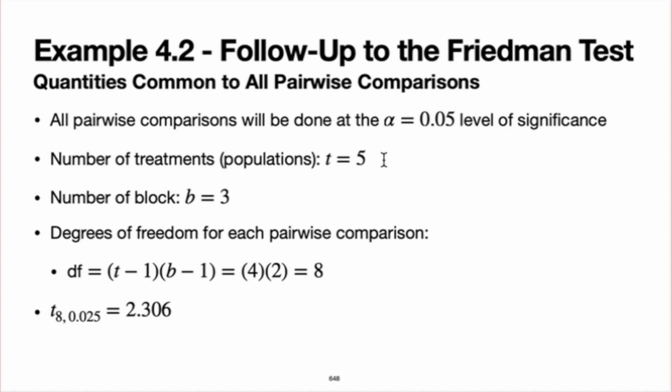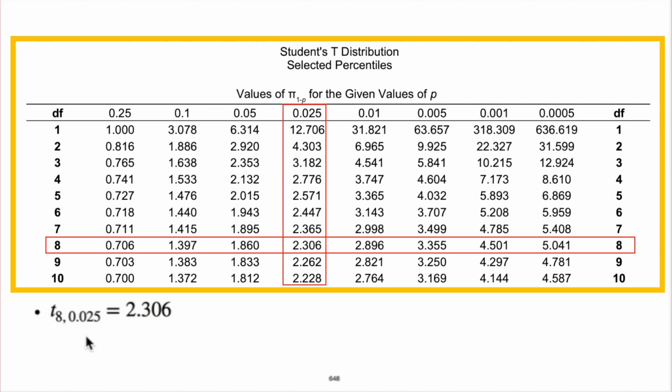The number of overall weed killers in this instance is 5. So let's remember that: T is equal to 5. The number of blocks in the experiment was 3. The degrees of freedom associated with each of these pairwise comparisons is 8. And the critical point, or let me say the t value, because we've got lower and upper critical points.